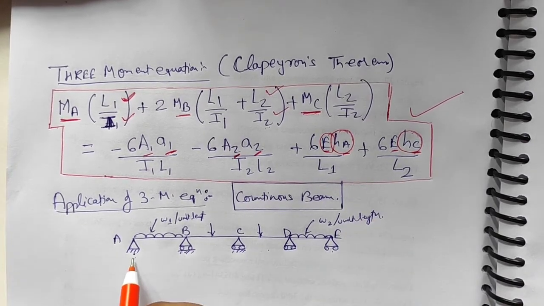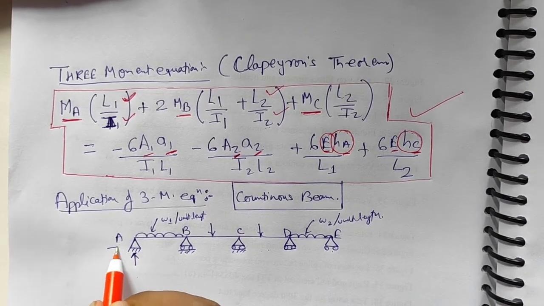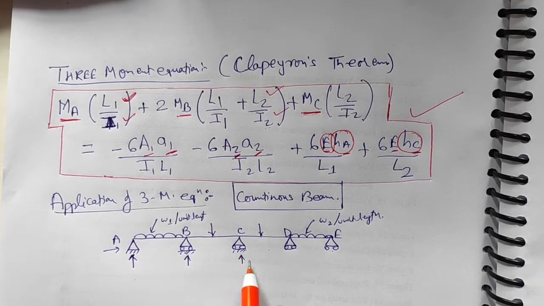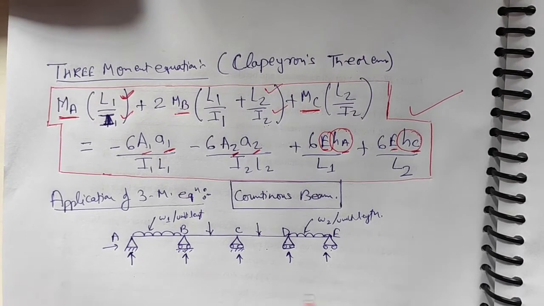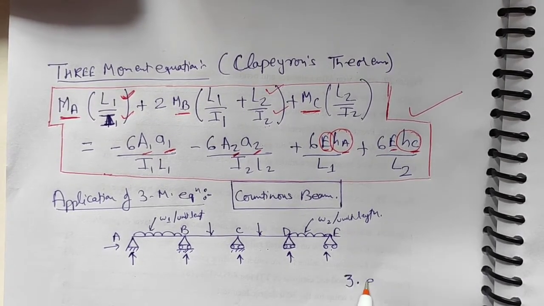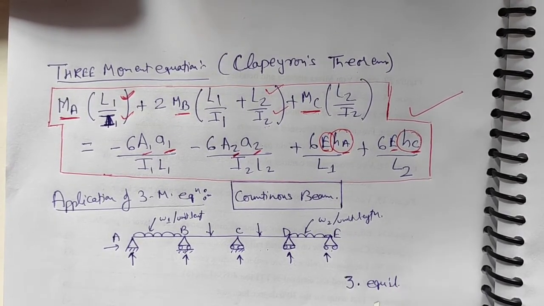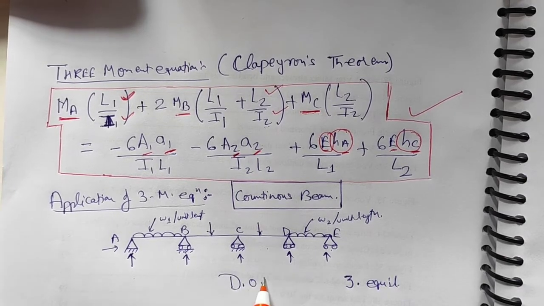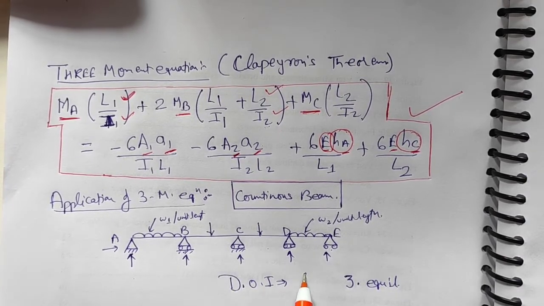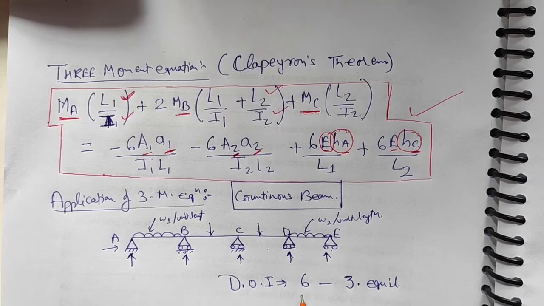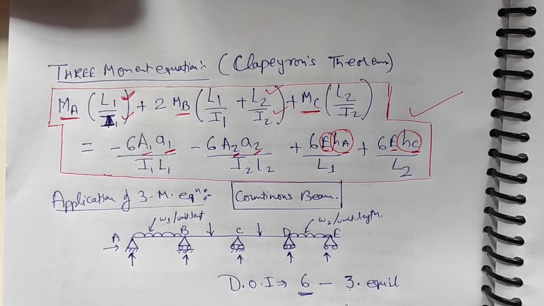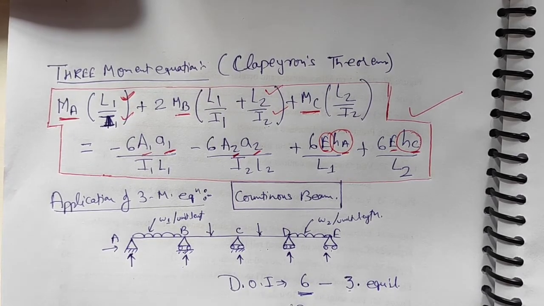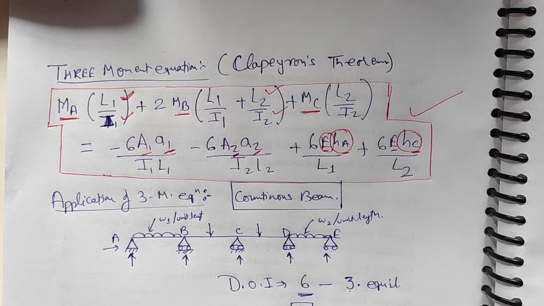In such a case, the supports have 6 unknown forces like this, and we know that we have 3 equilibrium equations. That means if we find the degree of indeterminacy, it will be 6 minus 3, as 6 are the unknown forces and 3 are equilibrium equations, so I have a degree of indeterminacy of 3 for the above beam.